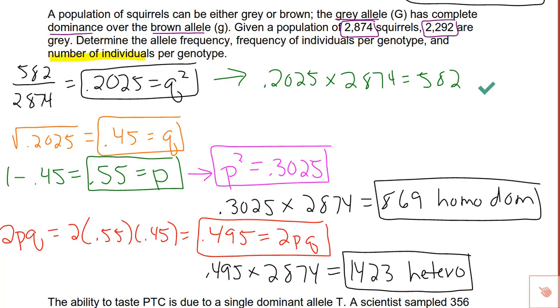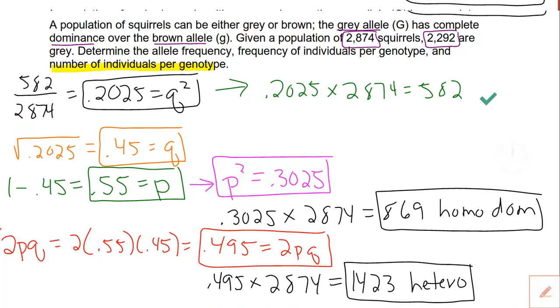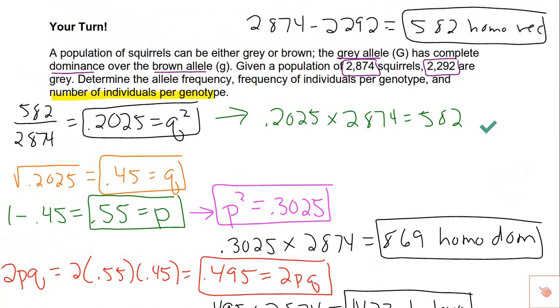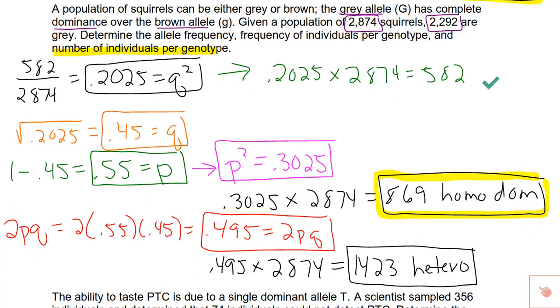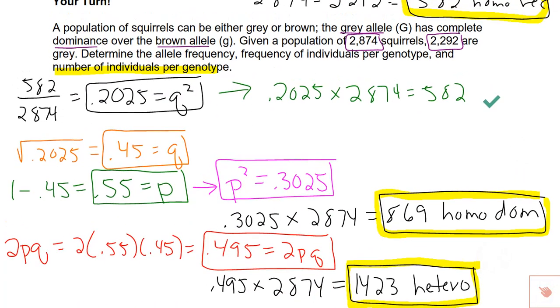Individuals per genotype, I skipped ahead there, would be this number and this number, which should add up to the total number.